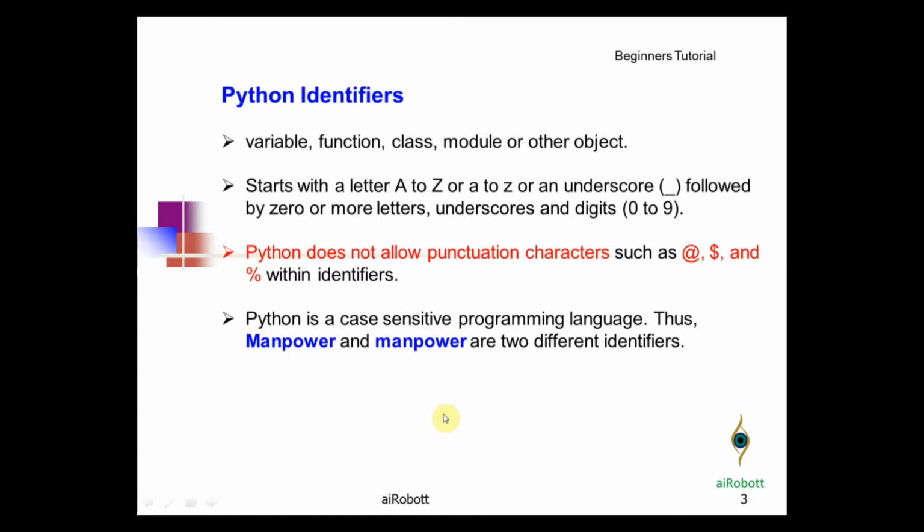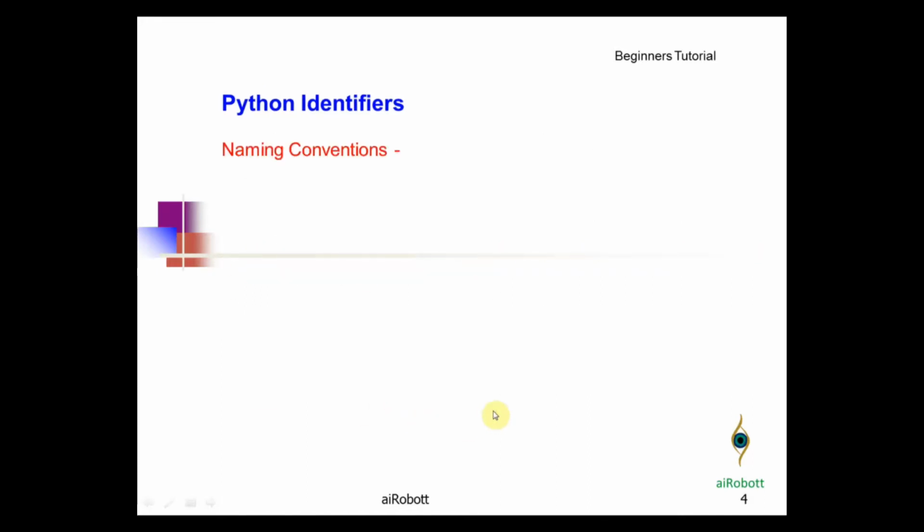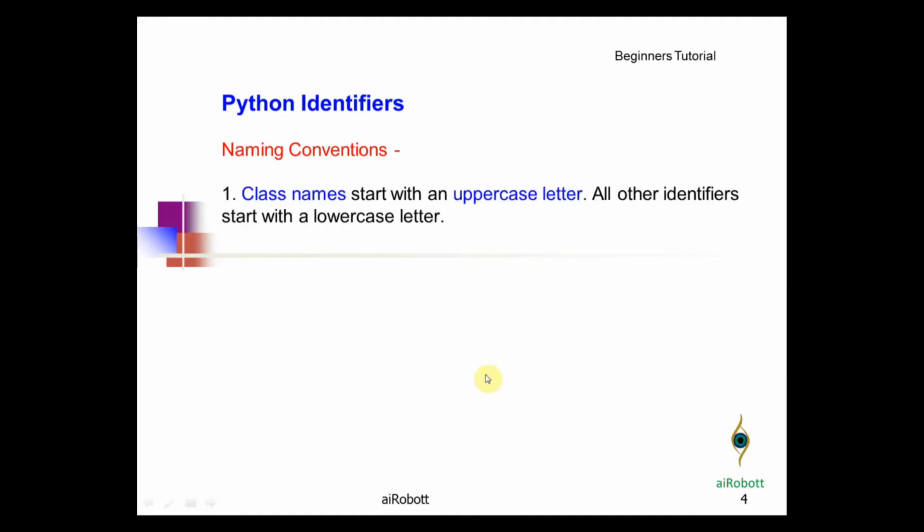Python is a case-sensitive programming language. Here, the identifier names capital Manpower and small manpower are not the same identifiers. These are different identifiers. Now the naming conventions for identifiers: class names start with an uppercase letter.